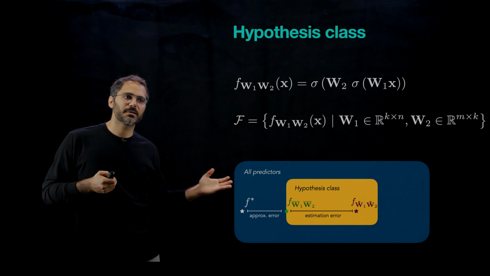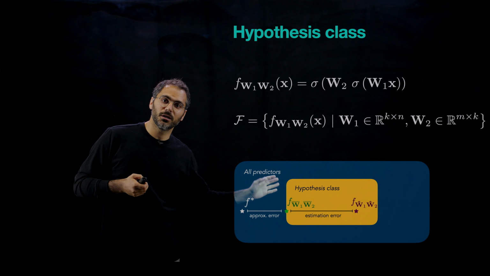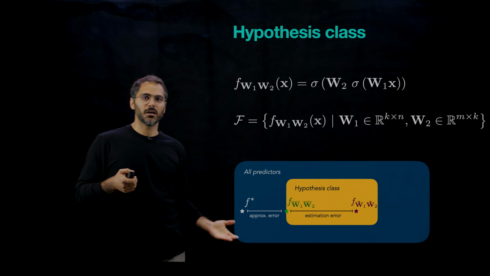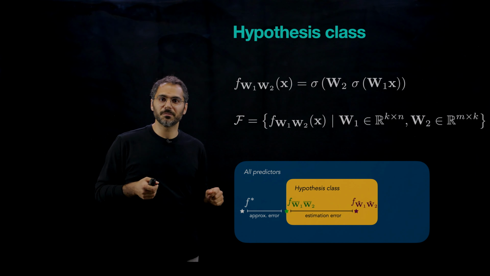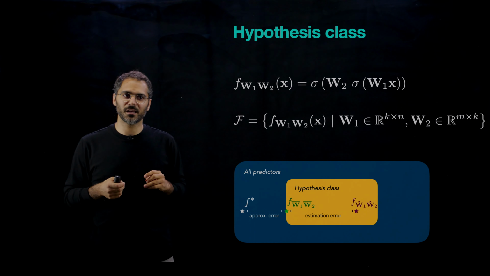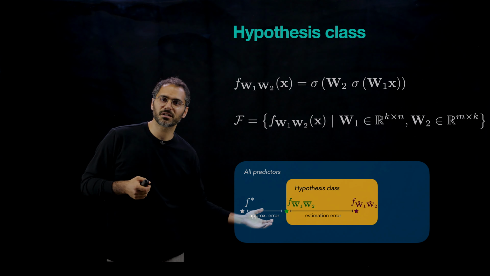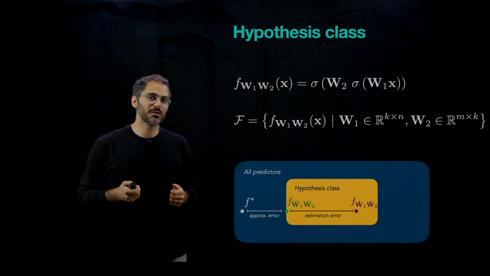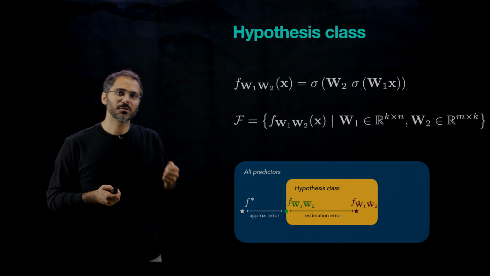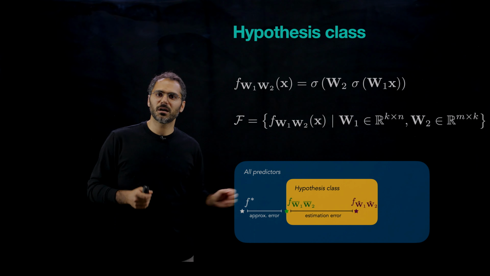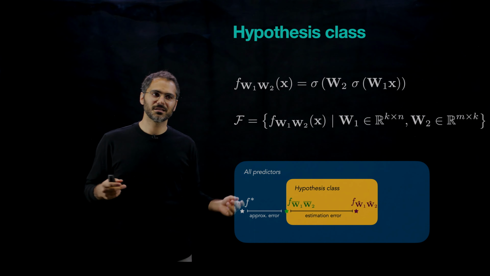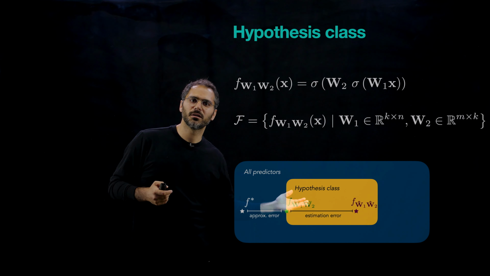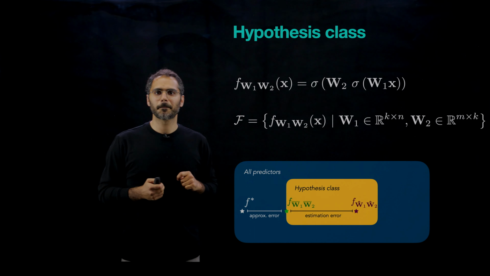And that's the case because the hypothesis class of a neural network or a deep network is very large. And therefore, it manages to reduce this approximation error even for very complex tasks. So the approximation error is very small in neural networks, depending on your task, but it does really well with approximation. The problem, however, is the estimation error. Now that you have a bigger hypothesis class, it becomes much harder to get to the optimal solution, F of W1 bar, W2 bar.